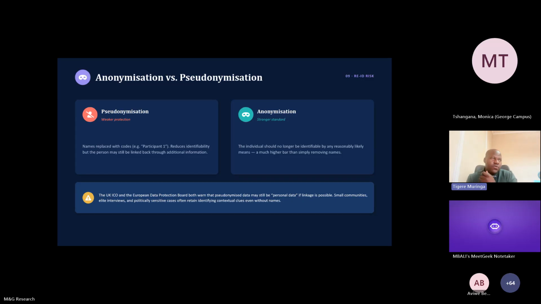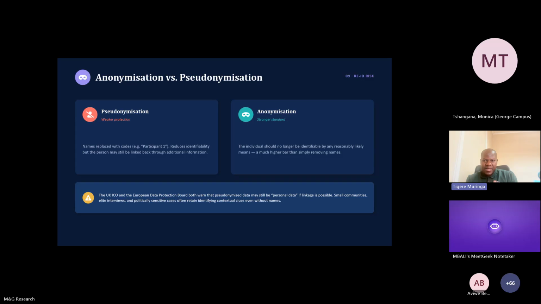I know, for example, the United Kingdom Information Commissioner's Office and the European Data Protection Board both distinguish between anonymization and pseudonymization, and they hold that pseudonymized data may still remain personal data where linkage is possible. So as long as we can draw links back to find out where this data is coming from, it is not truly anonymized.